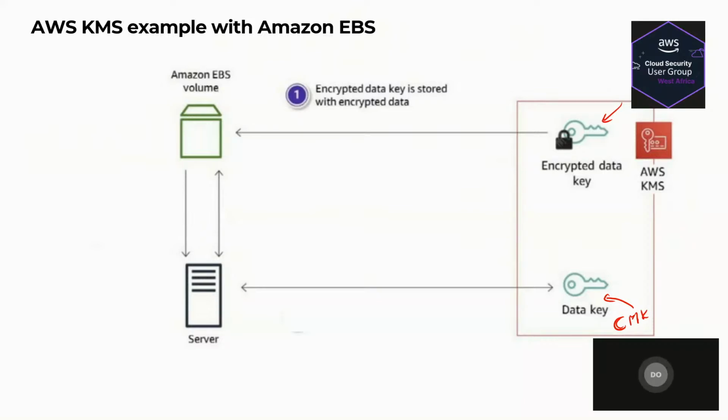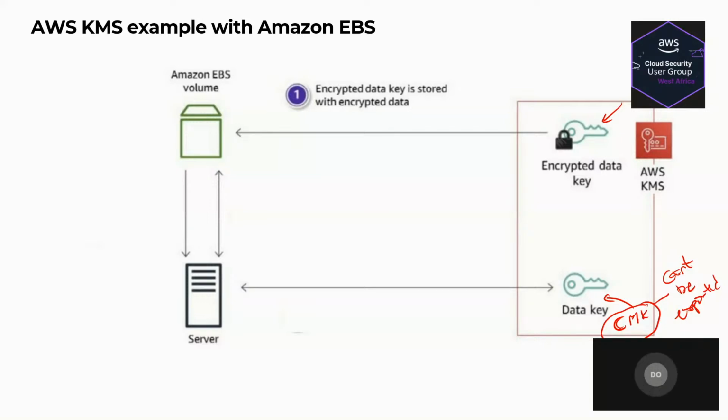That's another thing to mention. The CMK, which is the key that's used to encrypt the data key, can't be exported outside of KMS. You can implement backup, but you can't export it outside KMS. So just keep that in mind again. Okay, so number one, the encrypted data key is retrieved and stored in EBS.